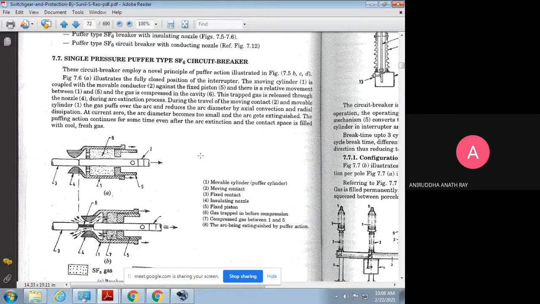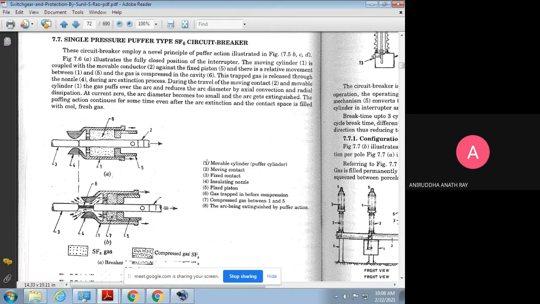The puffing action continues for some time even after the arc extinction, and the contact space is filled with the cool fresh gas.